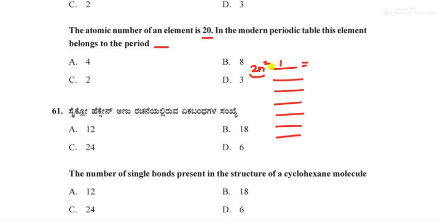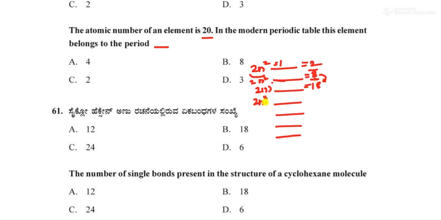So 2n square, for first period n is 1, so this is 2. For second period n is 2, so this becomes 8. So atomic numbers from 3 to 8 will stay in the second period, and in the third it is 18, which means from 9 to 18 will stay in the third period.